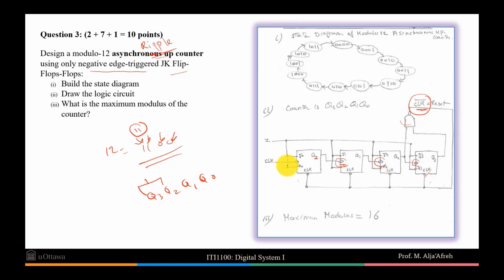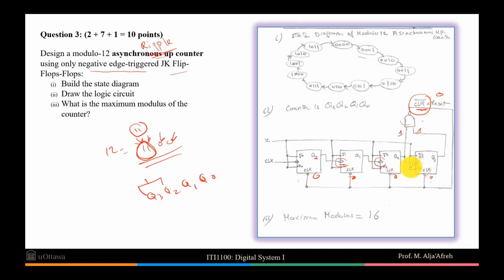So this counter will increment sequentially until I reach 1100. At that point, after that negative edge triggering, what does that mean? This signal will become activated, so it's going to give me the 1 with 1. NAND it together, this will give you 0. 0 means all of these are 0, 0, 0, and 0.